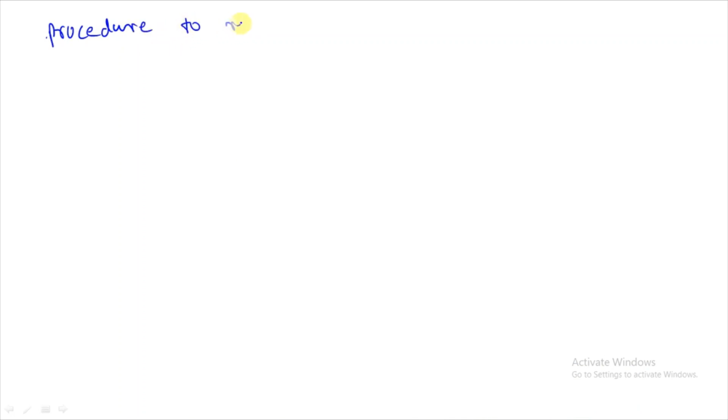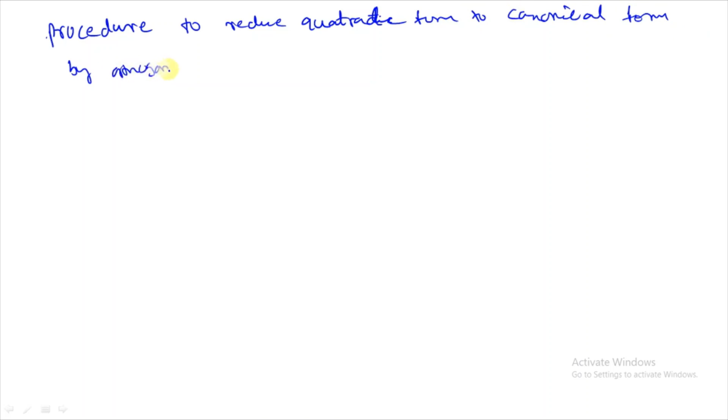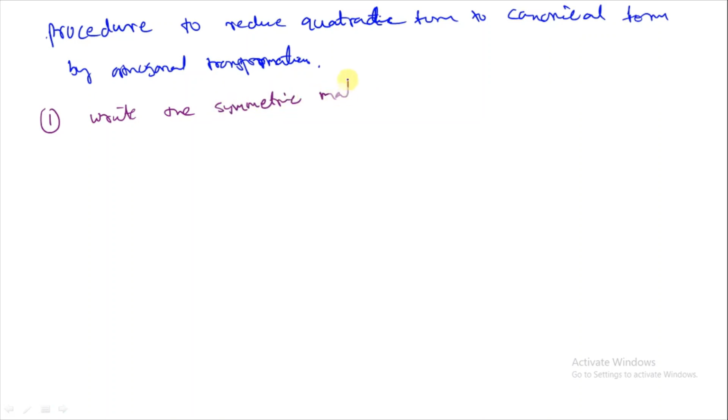To reduce a quadratic form to canonical form by orthogonal transformation: first, write the symmetric matrix associated with the given quadratic form.